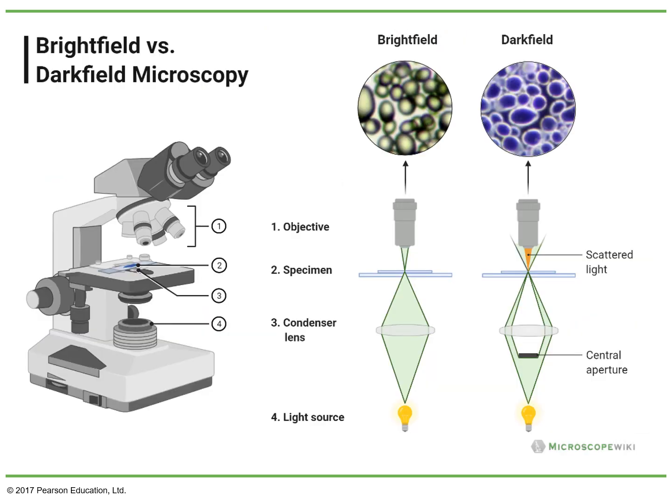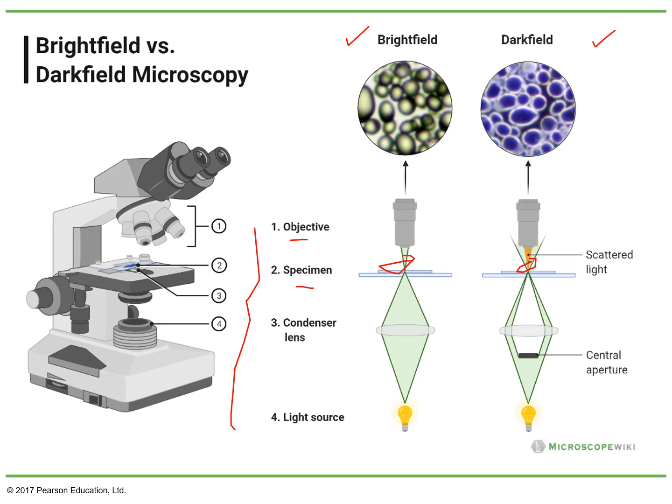So as I said before, and you will see in your textbook, we are going to study different microscopes in the lab, and the microscopes will generally have these four components. You have your objectives, and both the bright field and the dark field will have an objective. We will have the specimen here in your slide.